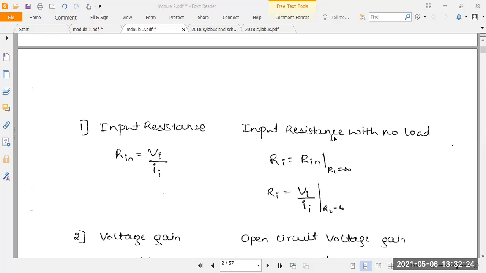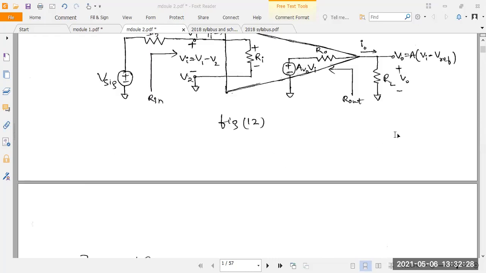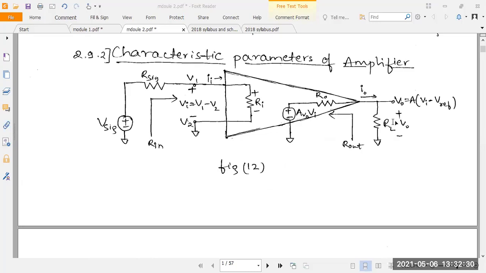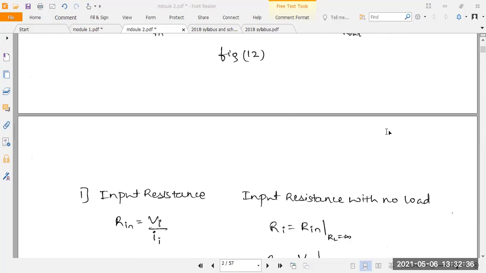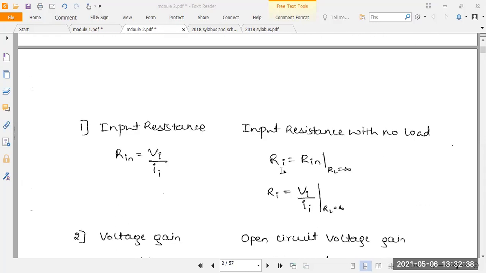Understood? Next, we want to find out the input resistance without load. This one is the load resistance, right? So neglect the load here. When RL is infinity, meaning RL is not connected to the output, we can write the equation: Rin when RL is infinity, which means we are not considering the load resistance.